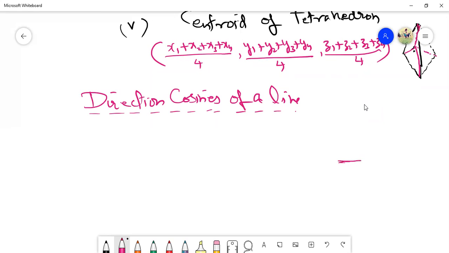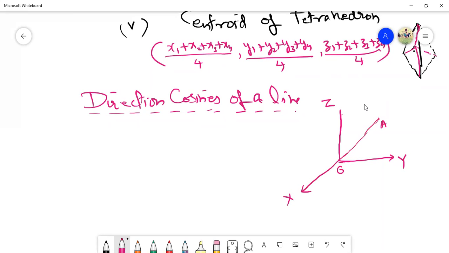So suppose this is the y axis, this one is the z axis, and this one is the x axis. In space there is a line OA somewhere. This is the line OA.